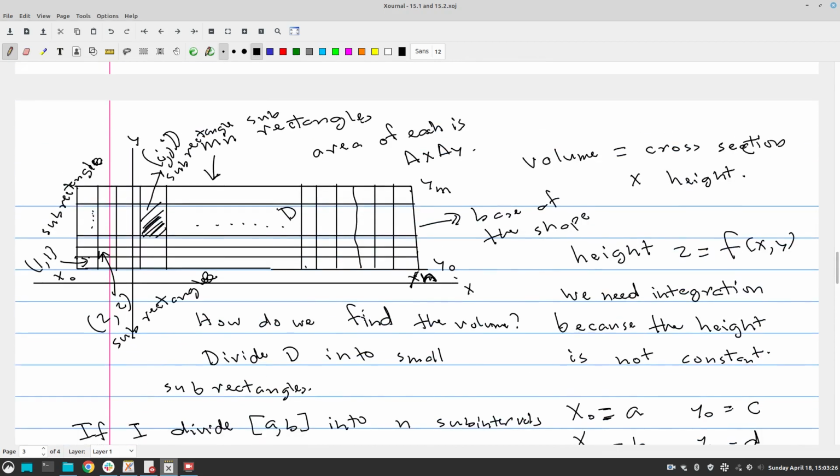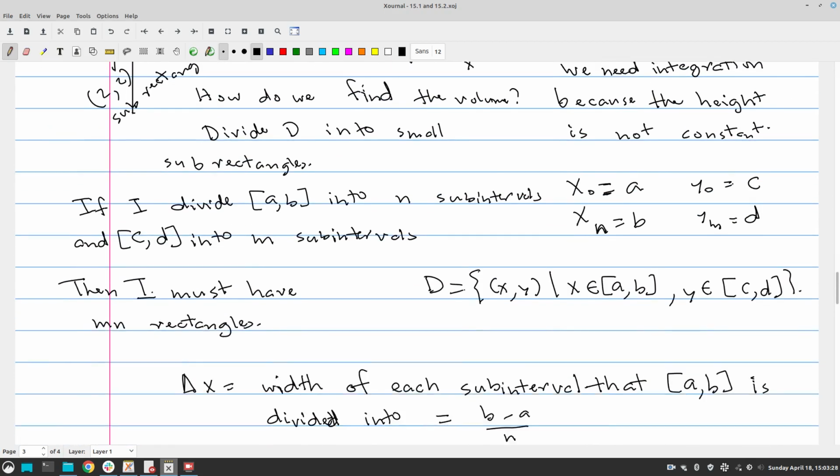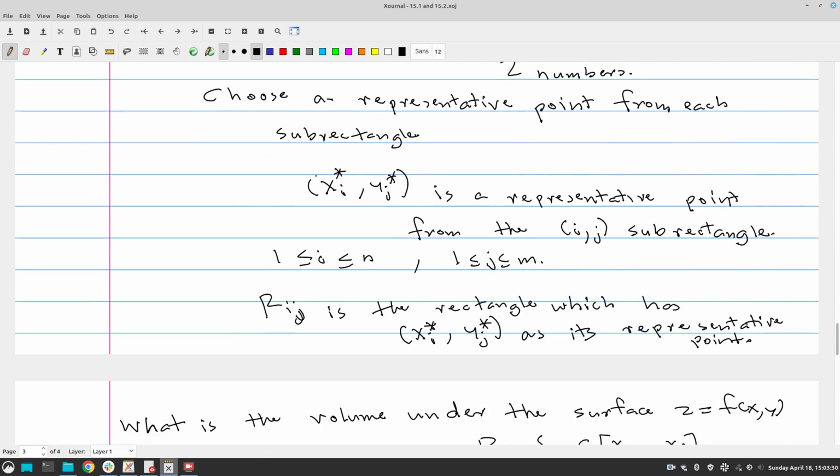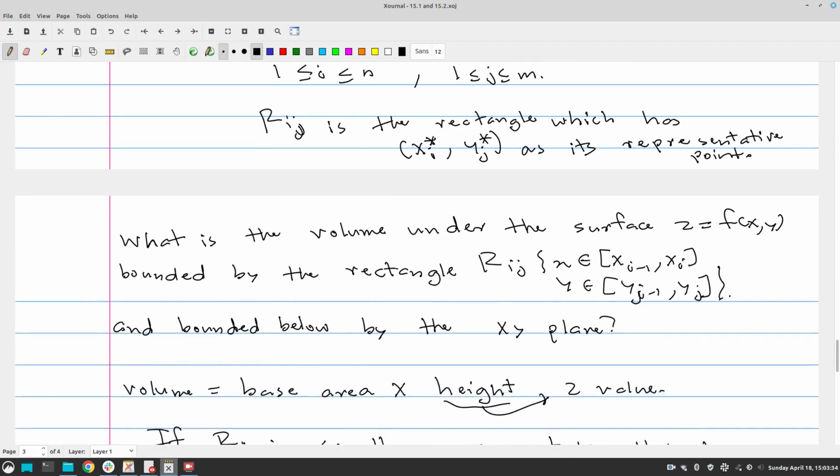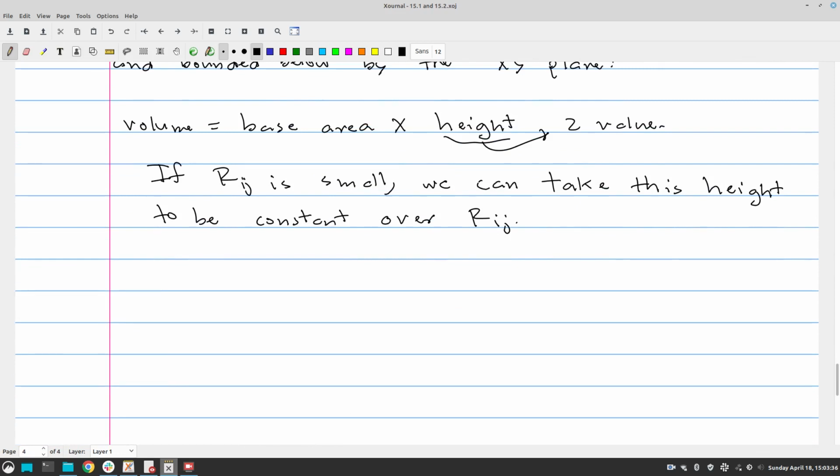If that is the case, then we take the height to be equal to the value at the representative point, so the height z equals f of xi star, yj star.